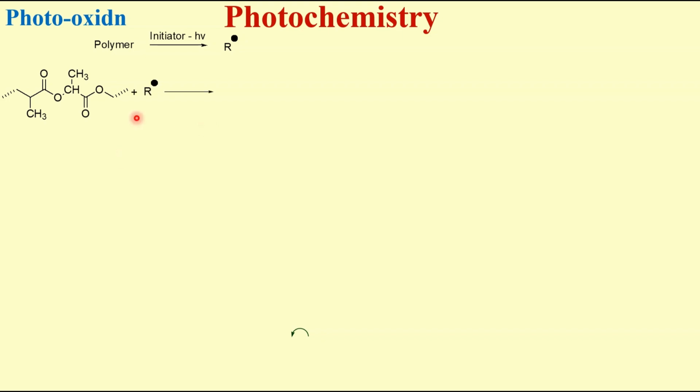And the R radical which is formed by the initiation by the light energy takes away the hydrogen radical and gives rise to polymer radical. The polymer radical which is formed will initiate the further reaction, and this comes under the chain initiation.